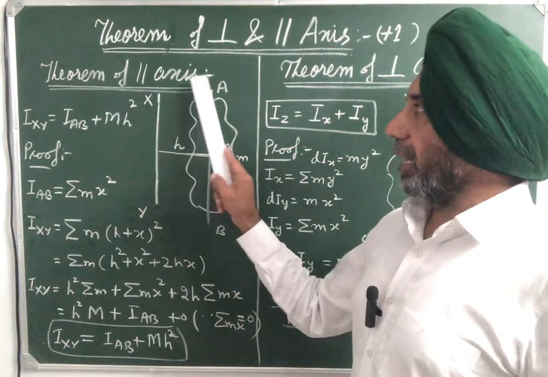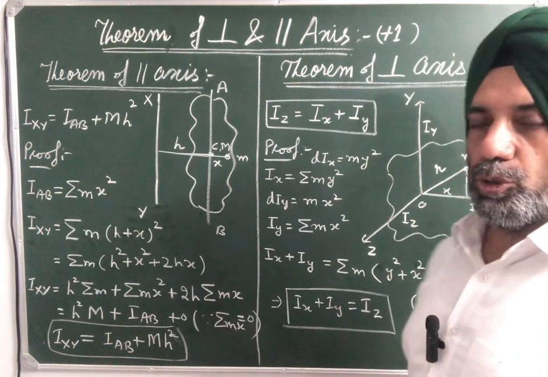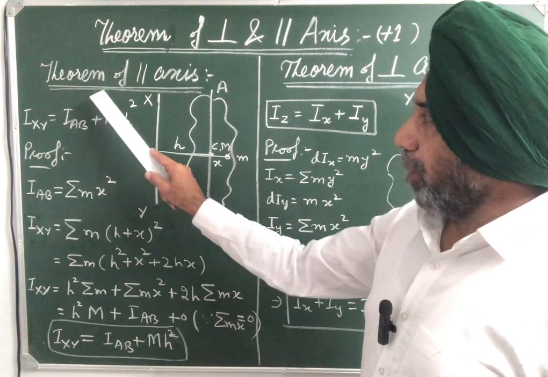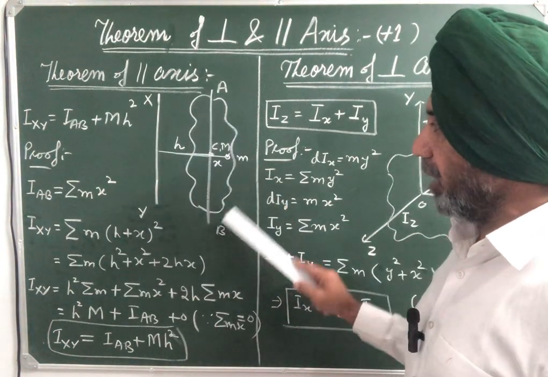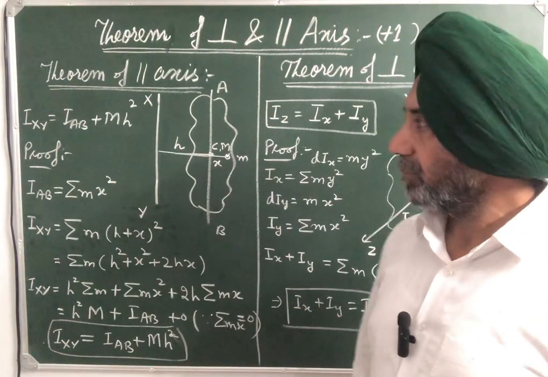Then the theorem of parallel axis. The theorem of perpendicular axis is used to find the moment of inertia of a plane lamina. The theorem of parallel axis is used to find the moment of inertia of any rigid body, any body.